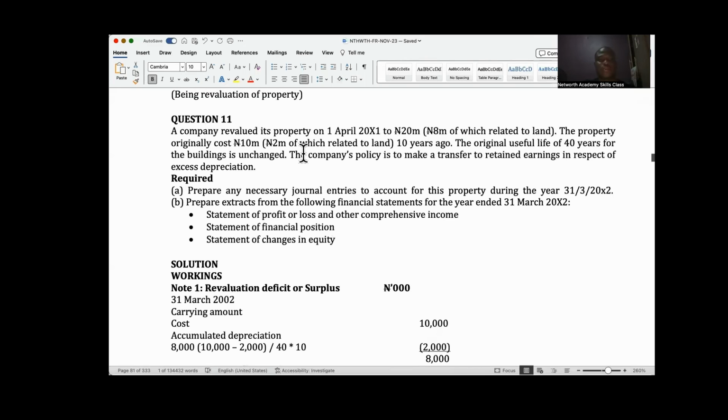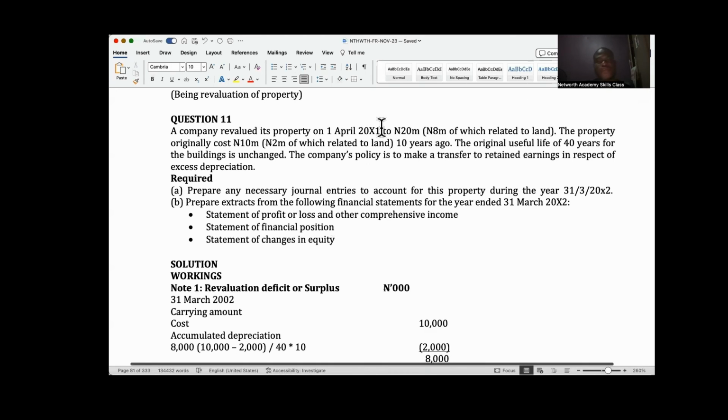So this one said that a company revalued its property on 1st April 2001 to 20 million, 8 million of which is related to land.